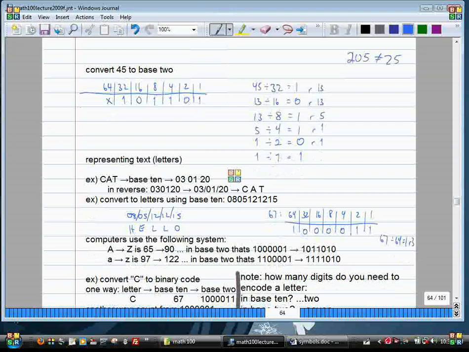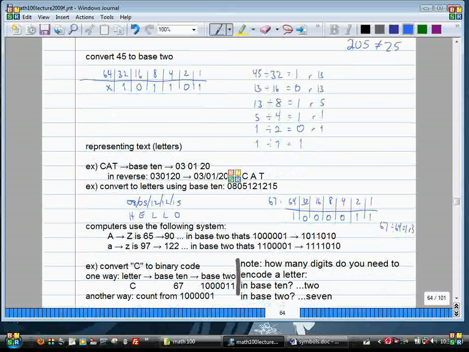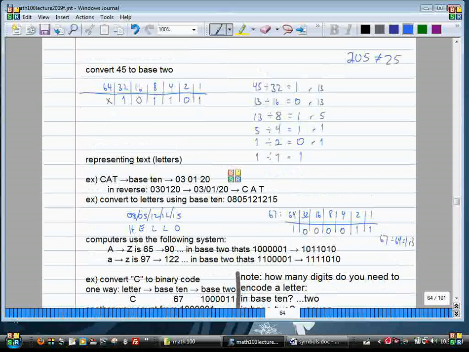Okay. This is not the only way to figure out the answer though. There's another way. You might think it's harder or simpler, it depends. Just like we said, think about what happens in base 10. In base 10, you say capital A is 65, so capital C is 67. You can do the exact same thing in base 2, if you don't mind counting in base 2.